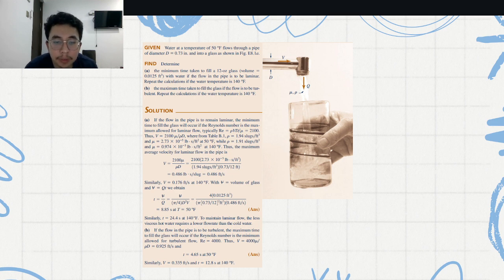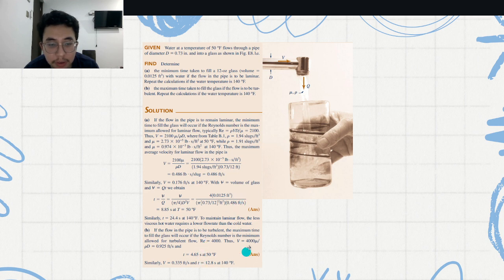We can use the equation and the steps we used before for laminar flow, but this time with a Reynolds number of 4,000, and V equals 4,000 times mu per rho times d, equals 0.92 feet per second.